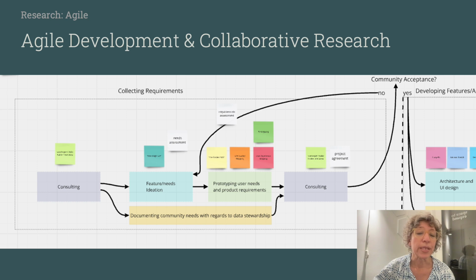And basically it just means that there is a cadence of regular meetings, there's an iterative sharing of work in progress, there's a pretty quick design build cycle and quick feedback, allowing things to change and adapt according to that feedback. And it turns out that cyclical structure of development allows for continuous consultation, which is very compatible with collaborative research and with community engaged research.